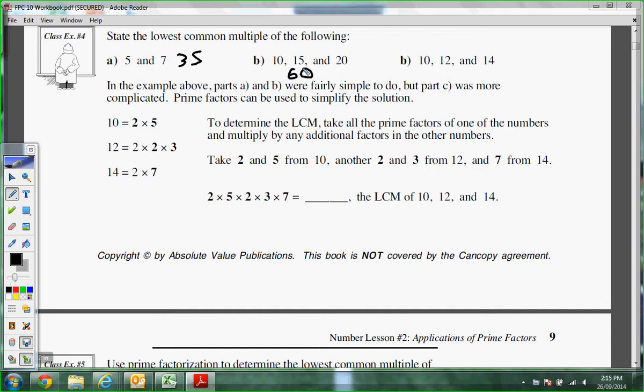10, 12, 14. Let's see if you can find this one the fastest. It's one of those bigger ones again.